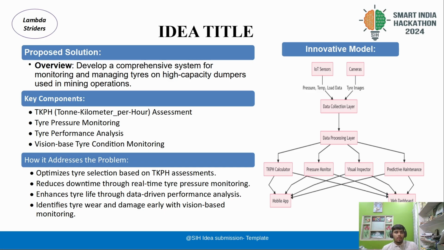Here we have the current TKPH value that our system has calculated, and here we have the designated TKPH value that the tire comes with. We're going to compare them, and if it's higher or lower, we're going to send a notification down our application that some adjustments need to be done to the tire, and maybe the person needs to change the tire altogether.